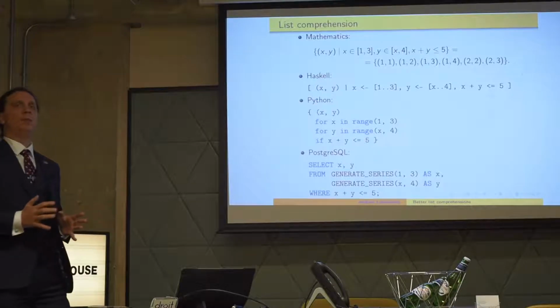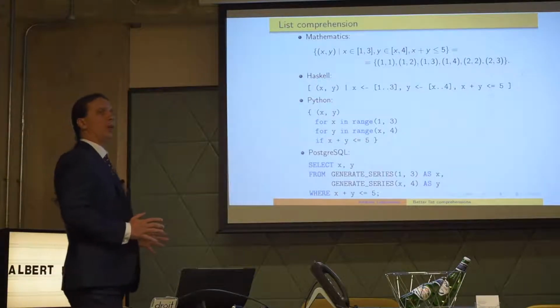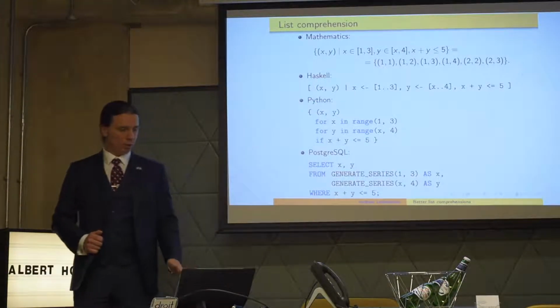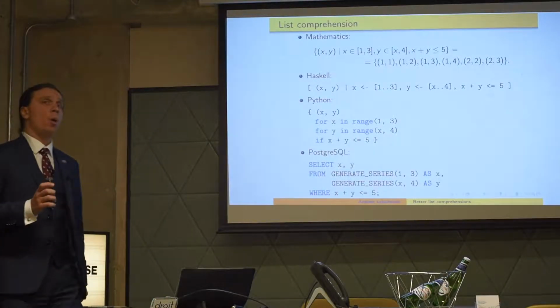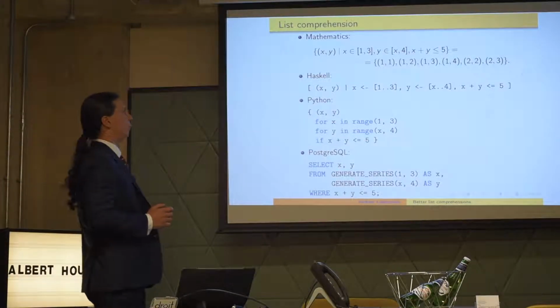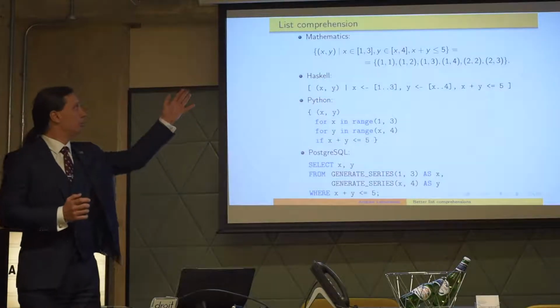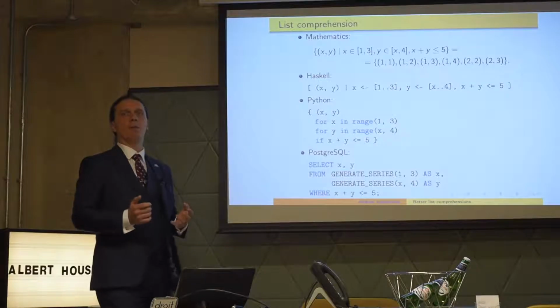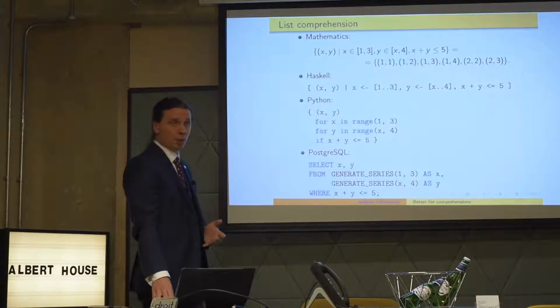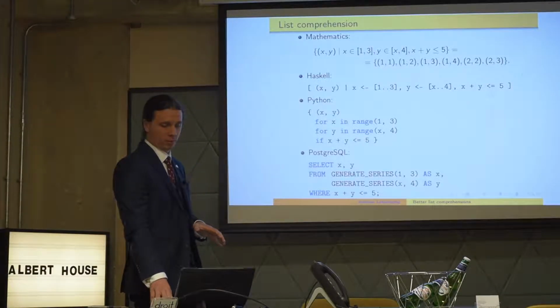So it's a very well established notion, very widespread, everything good. And we like to think that we can describe in Haskell almost any set builder expression which we can find in mathematics. But there are some caveats.